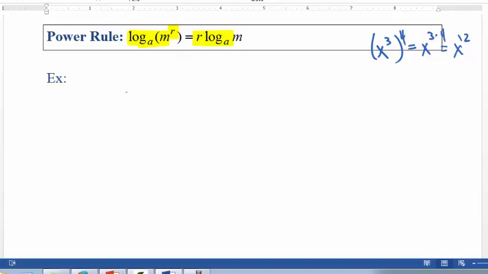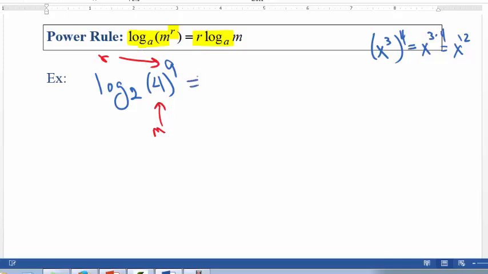So something like this would be, I don't know, log base 2 of 4 to the 9th. In a situation like this, would you want to do 4 to the 9th? No, because 4 to the 9th is some huge number. So in this situation, the 4 is your m, and the 9 is your r, and a is 2, because that's always the base.